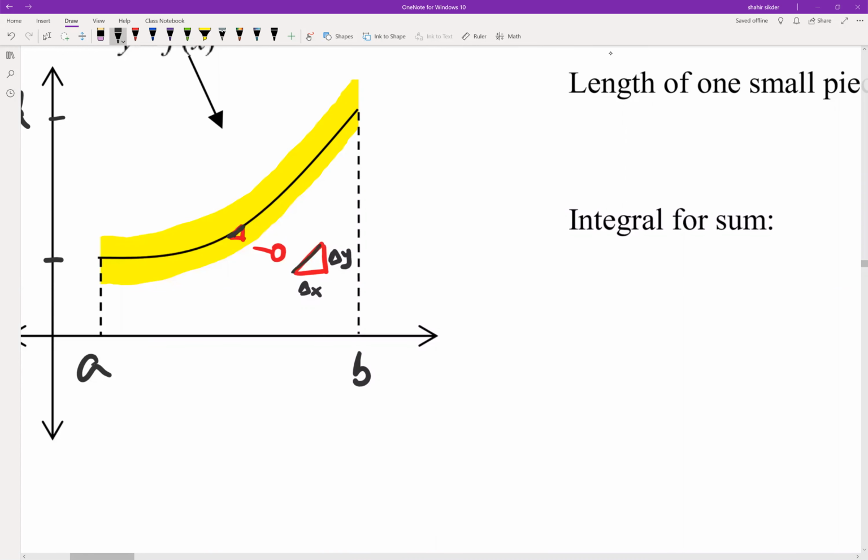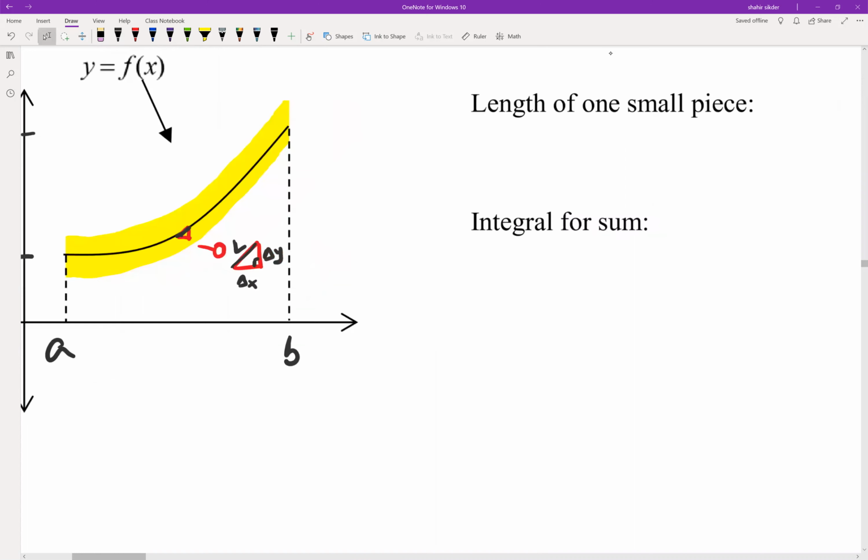So by Pythagorean, this makes a 90-degree angle. If I call this small little chunk L, then by Pythagorean, the length of this small piece can be written as, remember, c squared equals a squared plus b squared.